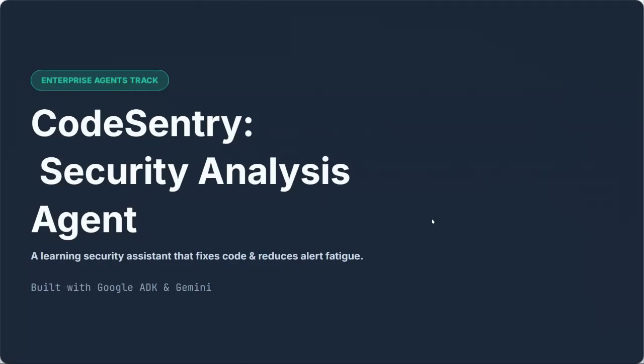Hi everyone. As part of this video, I'm going to explain CodeSentry, which is a secure code analysis agent that I have developed as part of the Enterprise Agents track for the Kaggle and Google Capstone project.